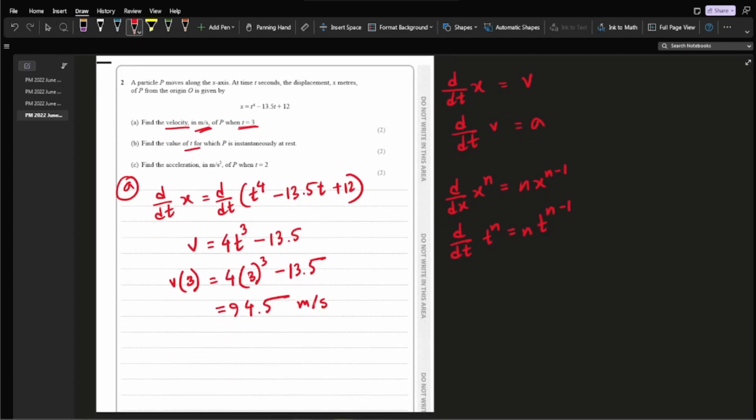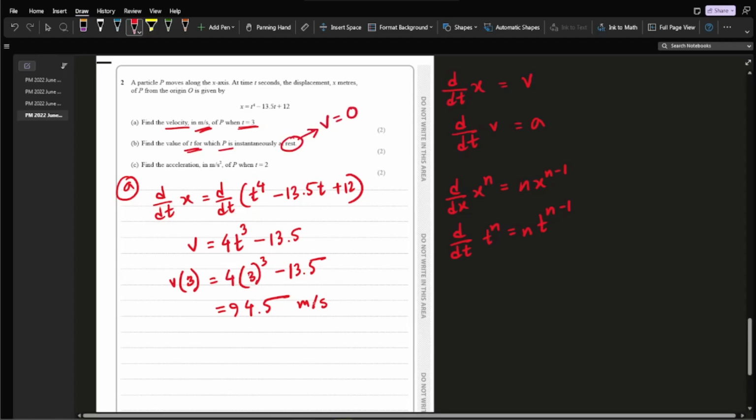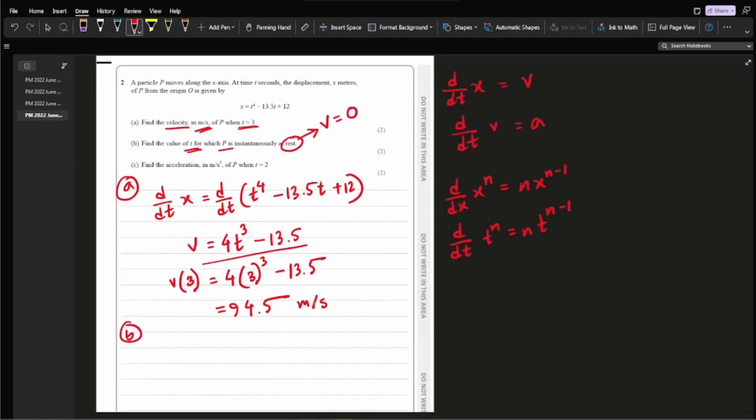Find the value of t for which P is instantaneously at rest. At rest meaning velocity is 0. Now we know the velocity at any given time is 4t cube minus 13.5. Now for our case, we want to find the value of t when v is equal to 0.